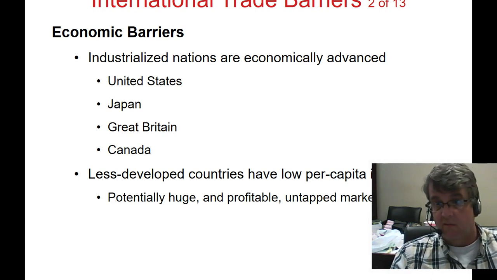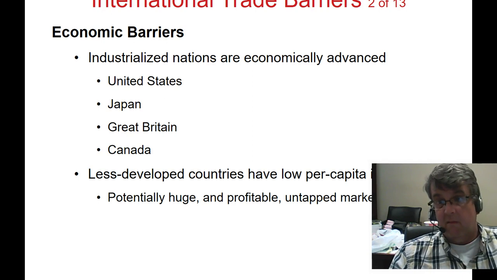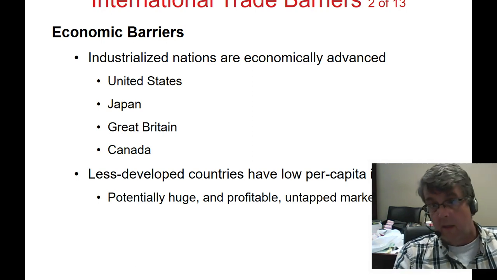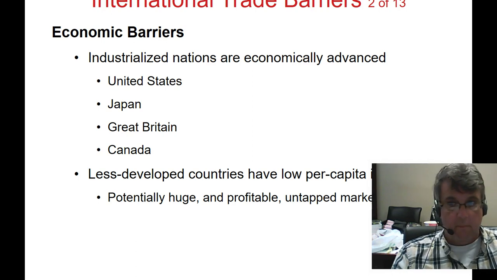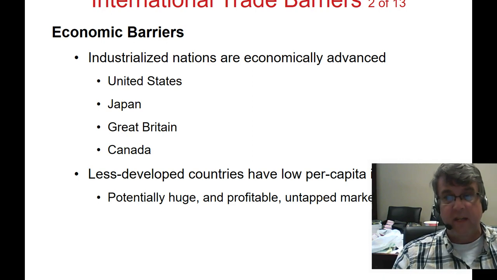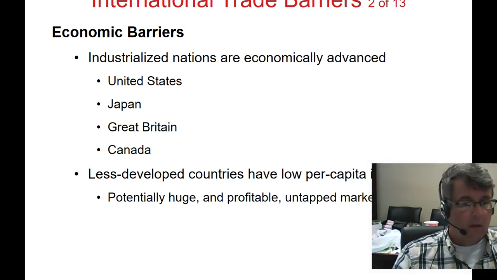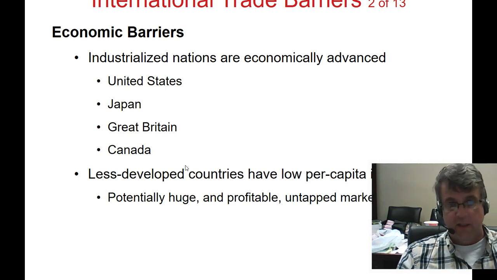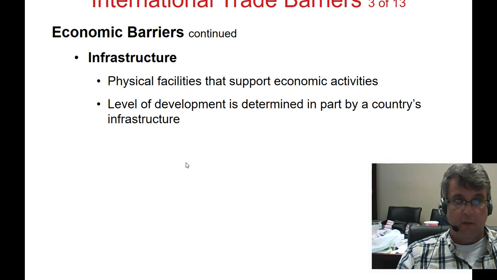They'd say, no, a blender costs me a week's worth of wages. I'll just chop stuff up with a knife, or mash it up with a pestle and mortar. And that's more efficient for me than spending all that money on a blender. Well, here in the US, none of us would ever think of doing that because we have blenders. So that's an example of the difference between industrialized nations and less developed nations.